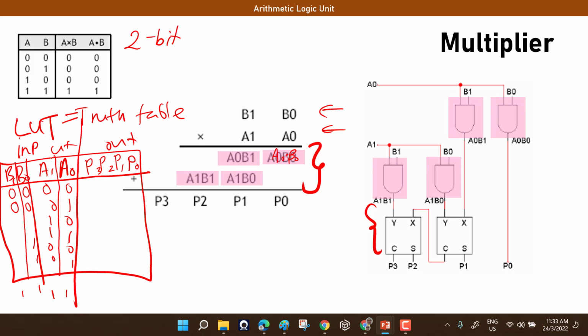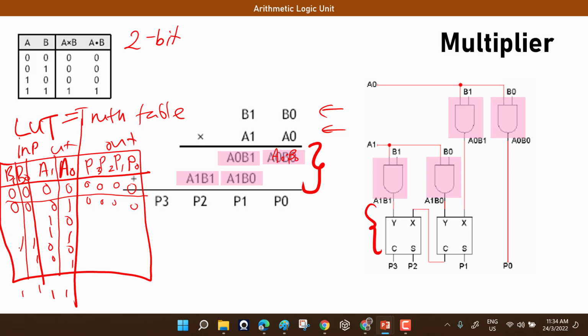Okay. Now, just now how we do it is by executing this. What I'm doing is using this as a lookup table format or truth table. So how do we determine the output? Let's take the first row here. 0 multiplied by 0, the result is 0. So all are zeros. 0 multiplied by 1 is also 0. So all are zeros.